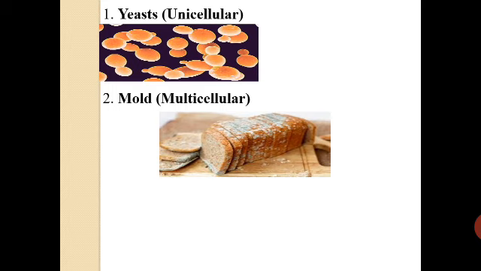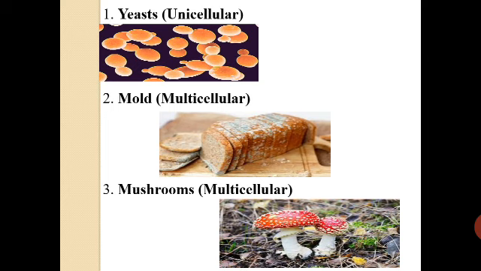When the bread is left for many days, then we are able to see thread like structures coming out of the bread, and those structures are nothing but a fungus, that is also called bread mold, and which is multicellular, and mushroom is another fungus which is multicellular.